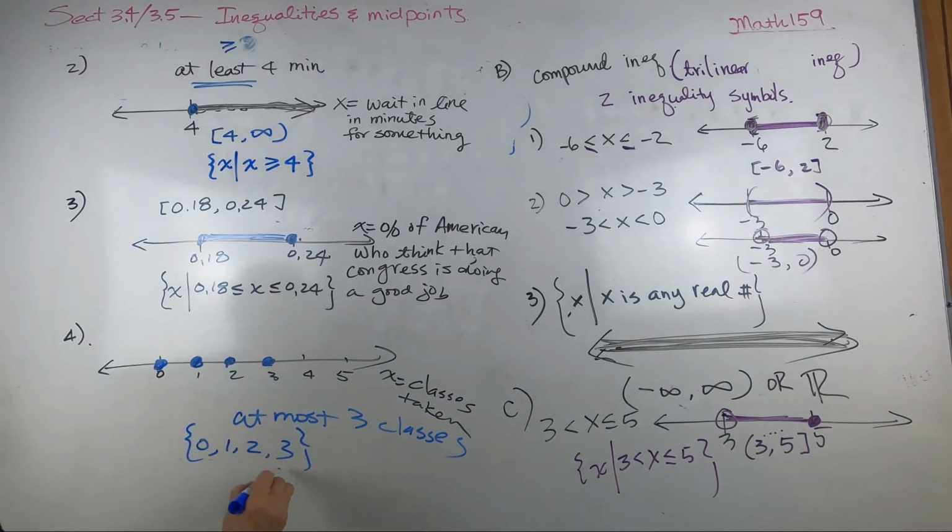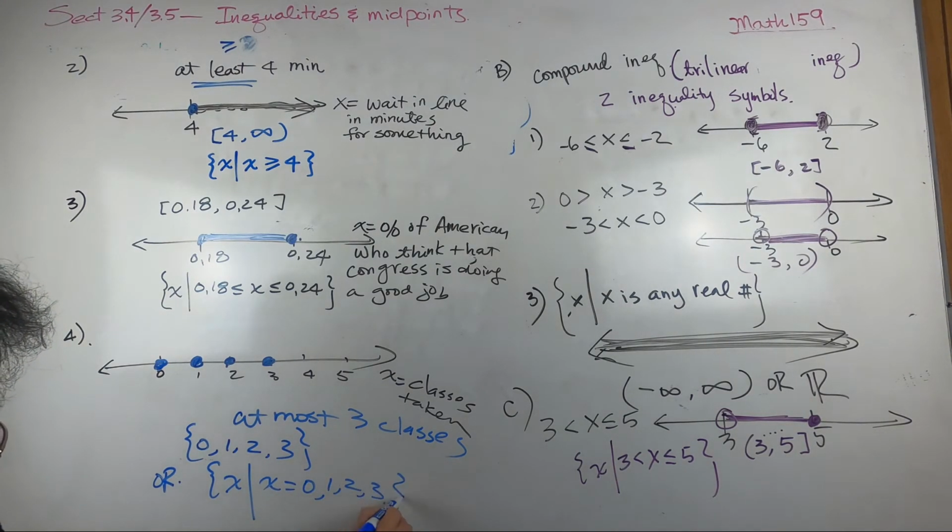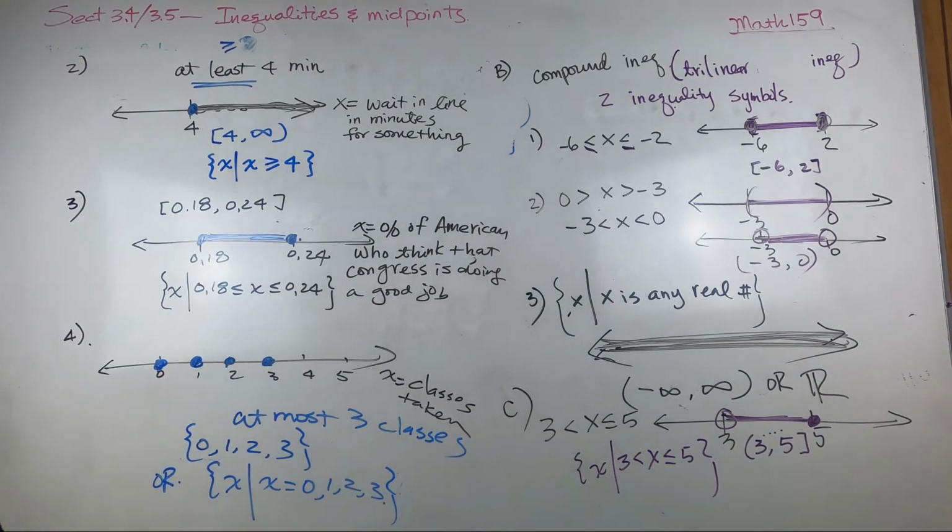Your curly bracket, a basket, to put them in there. That's your set symbol, right? Or you can do it this way. You say, that's my x. What's my x? Describe it. X can be what? 0, 1, 2, or 3. That's how you show it in a set symbol, with curly bracket. That's how we do it.